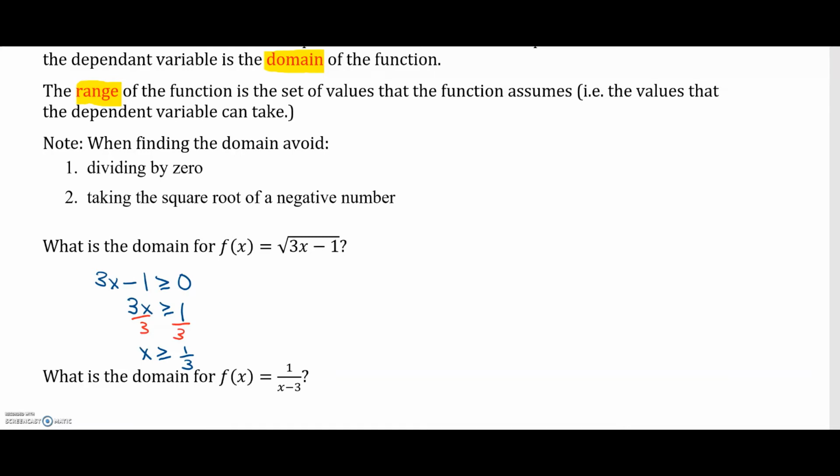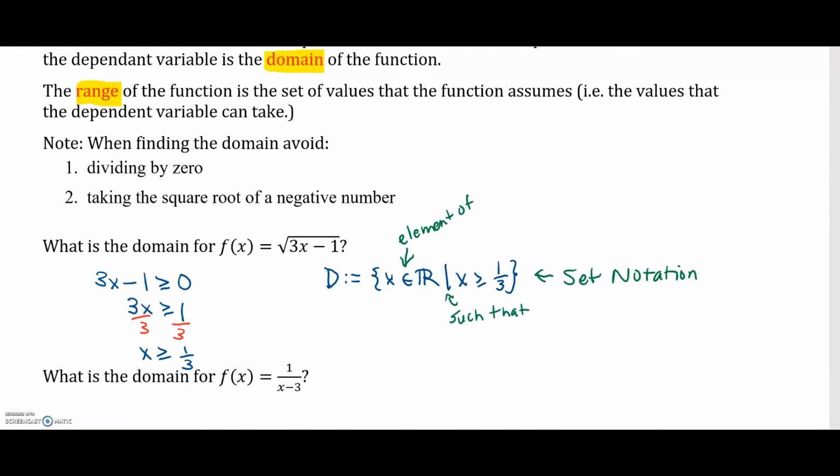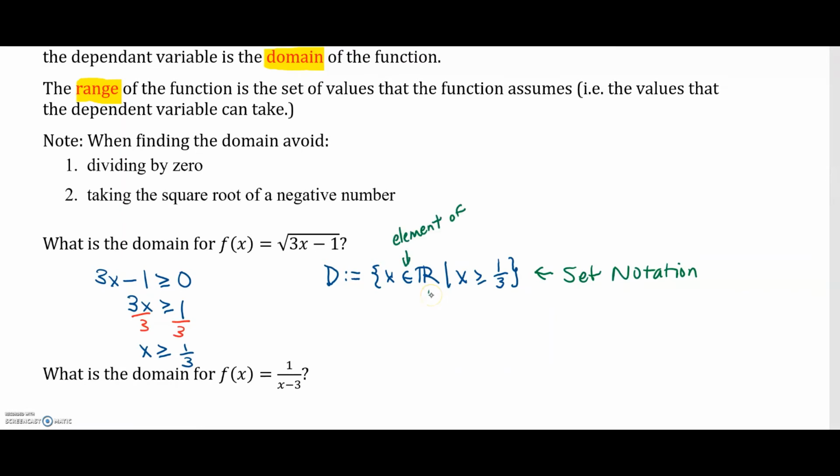We can write this in set notation, where our domain D is defined by the set of all x values that belong to the set of real numbers such that x is greater than or equal to 1/3. Like I said, this definition is called set notation. We have that x is an element of the set; this fancy R is for the set of real numbers.